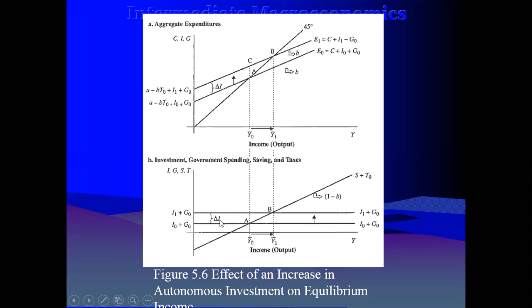Now, because of the increase in investment, this is the new level of equilibrium. At B, we have Y bar 1, which is just like when we're using Y is equal to E. So whether we use Y is equal to E or the leakages and injections approach, we are still getting the same effect. I hope we understand. Any question?